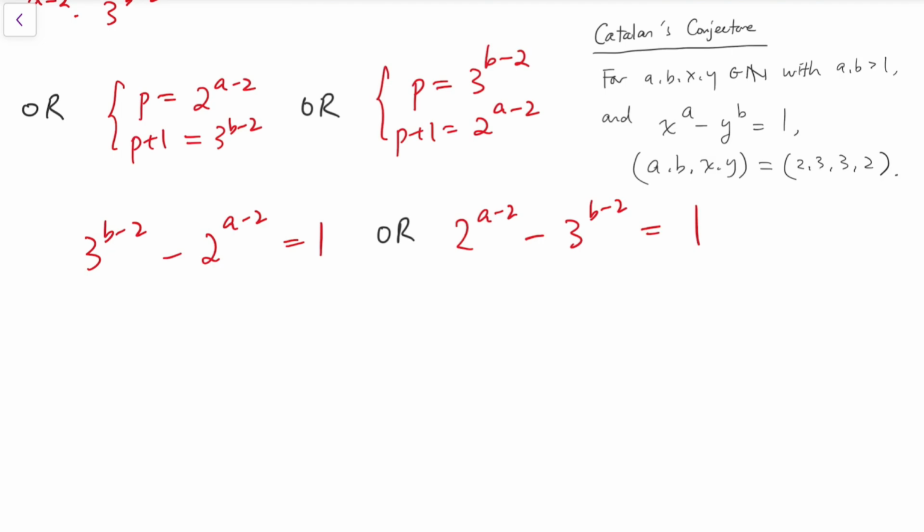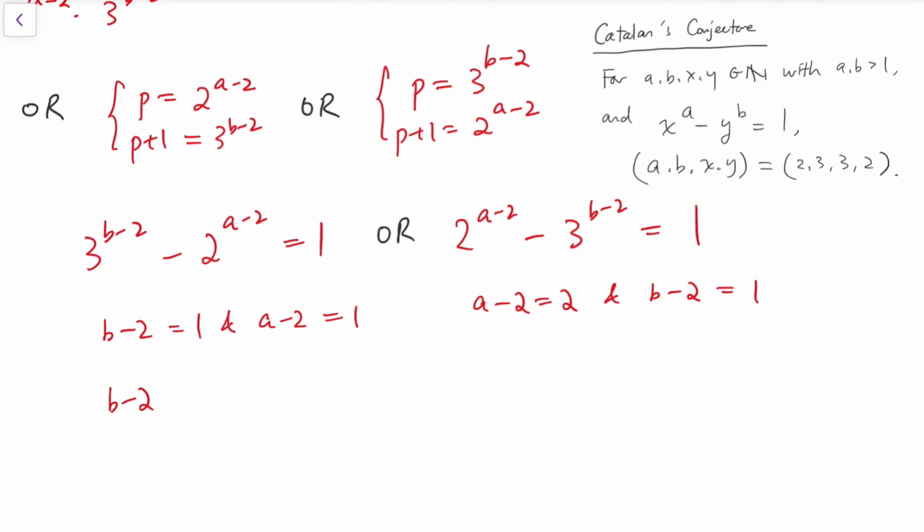So we can bring this to our two equations over here. Either we have these exponents equal to 1, then we can have b minus 2 equals 1 and a minus 2 equals 1 at the equation at the left. Or for the equation at the right, we can have a minus 2 equals 2 and b minus 2 equals 1.